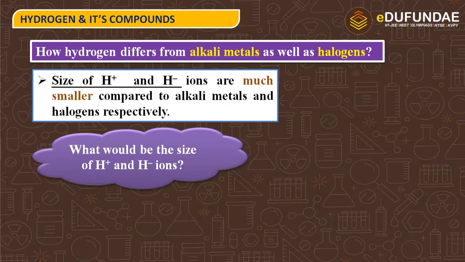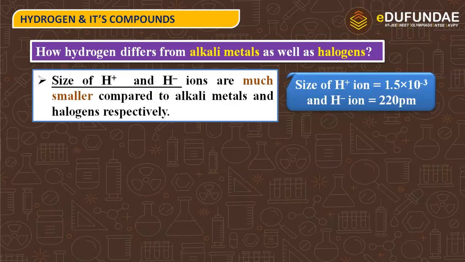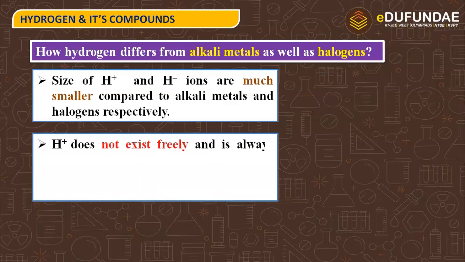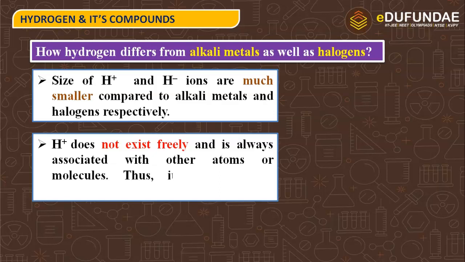Now, what would be the size of H positive and hydride ion? So the size of H positive ion is equal to 1.5 into 10 to the power minus 3, and hydride ion is having the size of about 220 picometers. जो H positive है that does not exist freely and is always associated with other atoms or molecules.